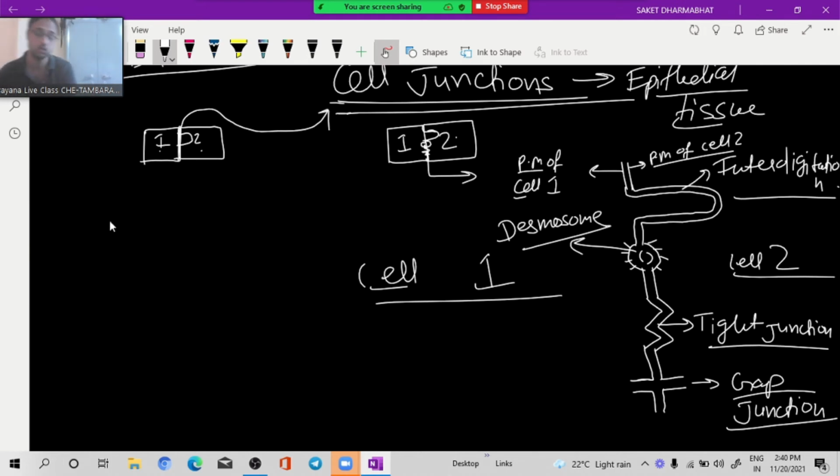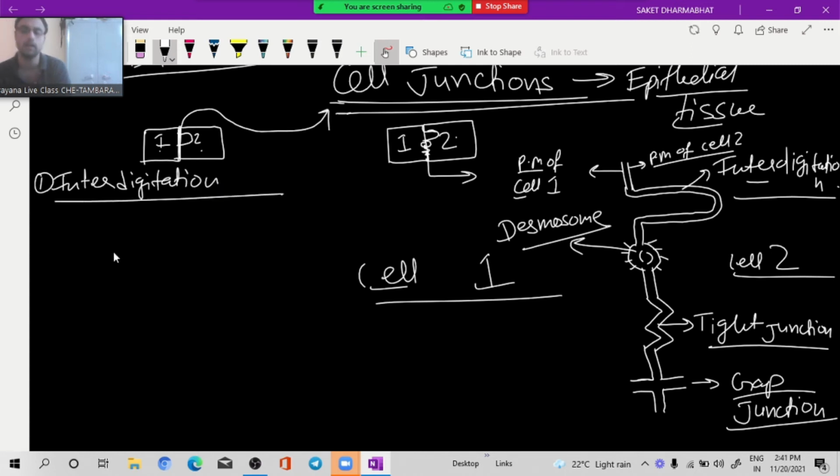Okay, very good. So first here we are going to see about this interdigitation. So interdigitation is what?